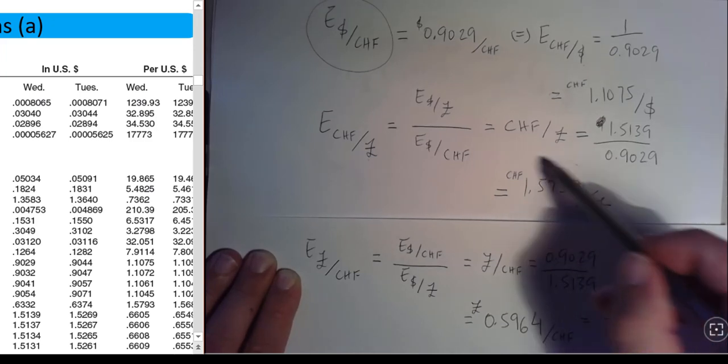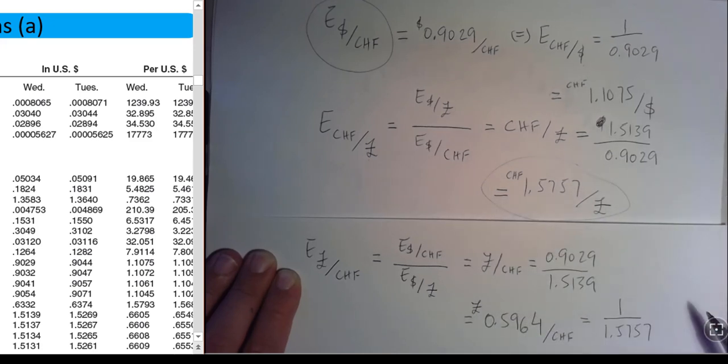So you could compute just the inverse of that, or compute it the traditional way, and you get the same result. How many pounds do I need to buy a Swiss franc? 0.5964. So that's how you compute cross exchange rates.